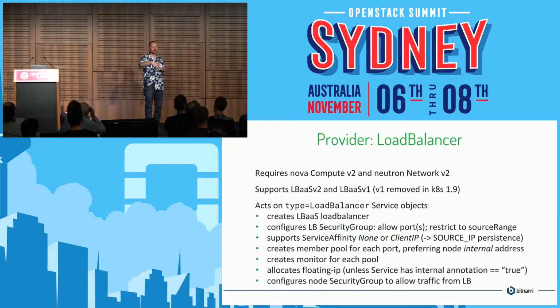This is where the node ports come in. We create a monitor for each of those, so the load balancer will do health checking of those nodes. And in most cases, you want your load balancer to be publicly available, so we also allocate a floating IP and more security groups. Yeah, so there's a lot of steps in here. There's a lot of code. Any one of these steps might fail.